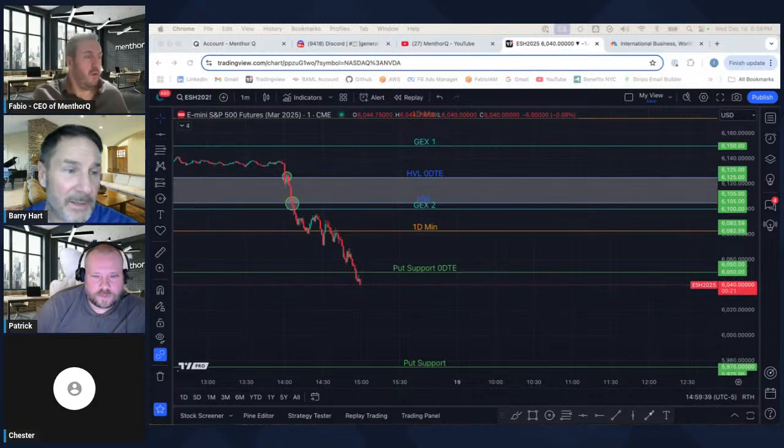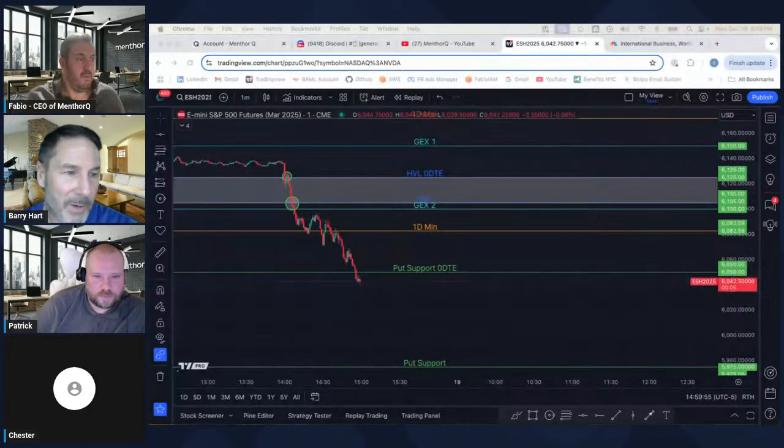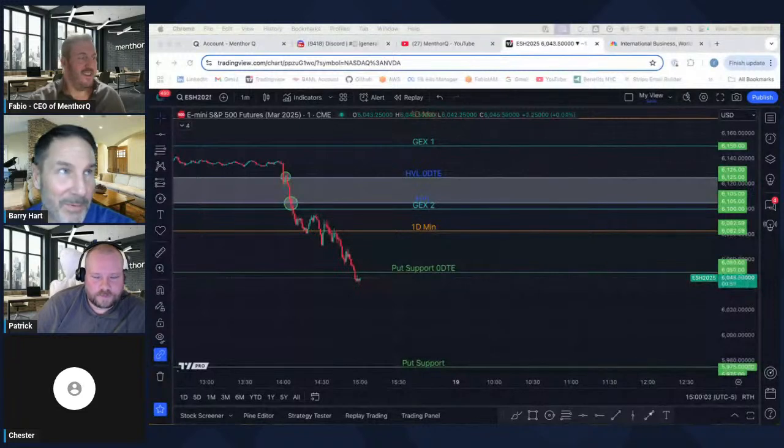I had stop sell orders at put support, because I'm short puts, so now I'm short the ES, which is hedging my puts. So I'm thinking like a market maker too. Once it broke put support, I started selling. But I couldn't do it and talk to you guys, so I put the orders in to automatically take off.